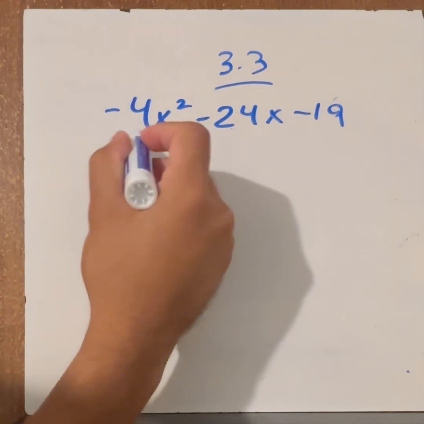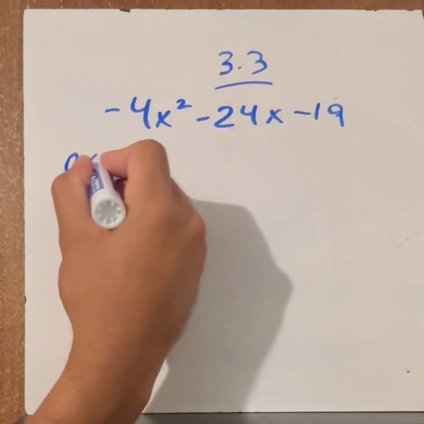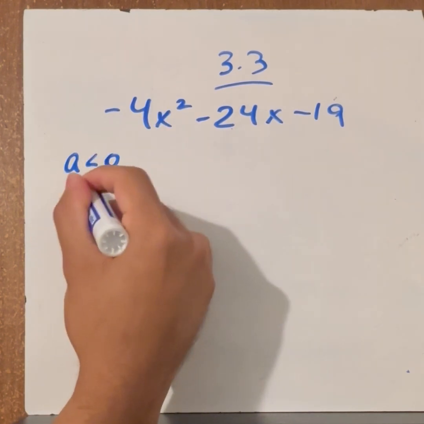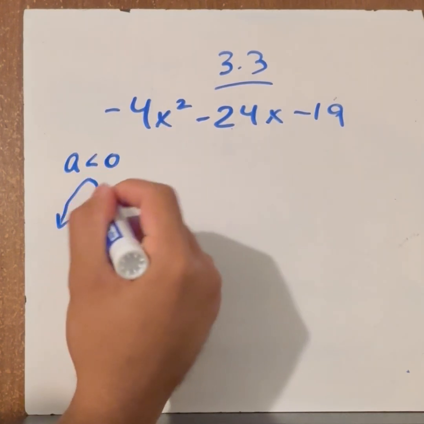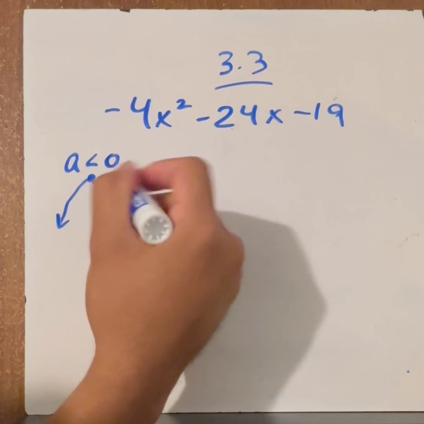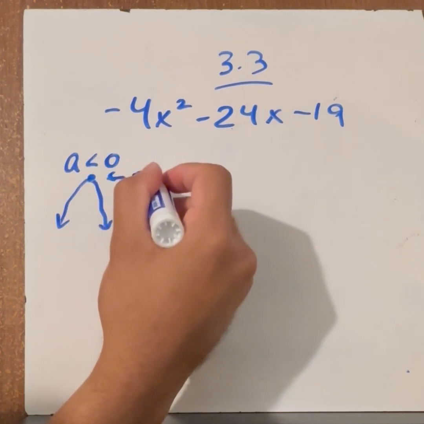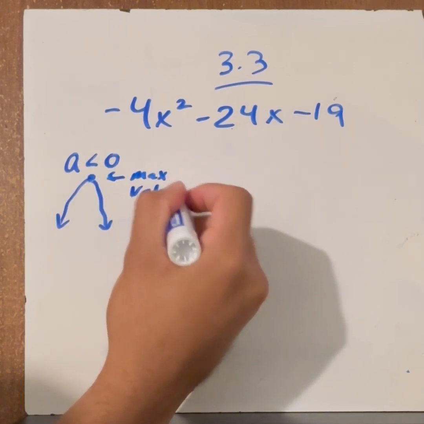So we see that a is less than 0, as it is negative 4. So we know that it's going to open like that, okay? Which makes us have a maximum value.